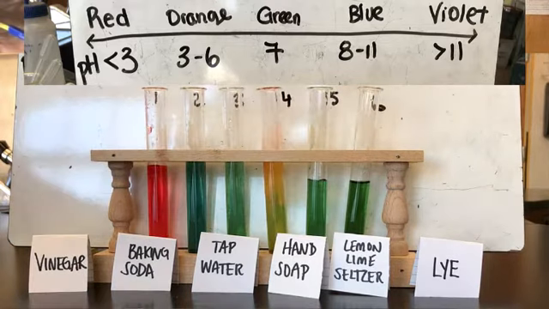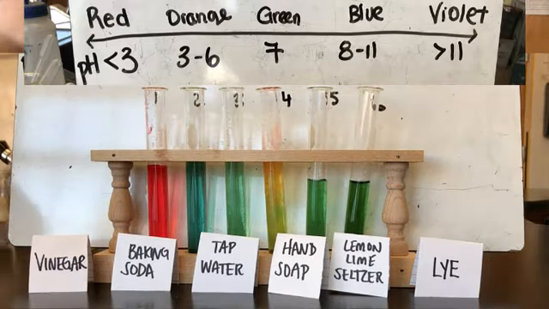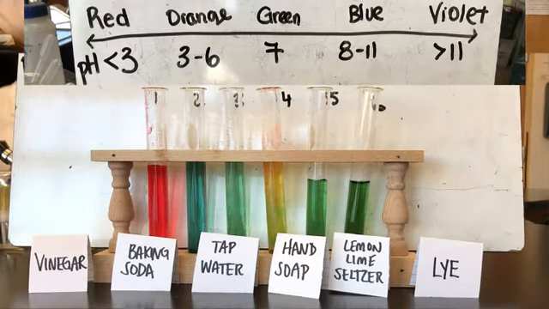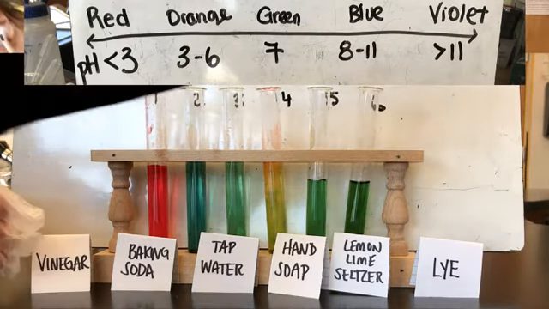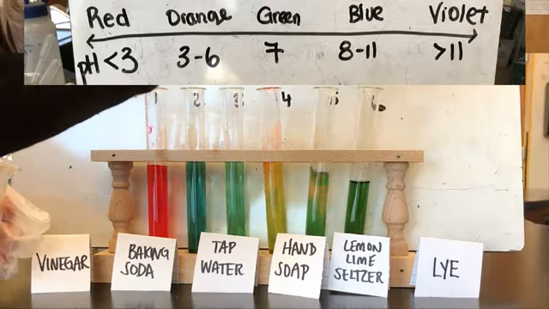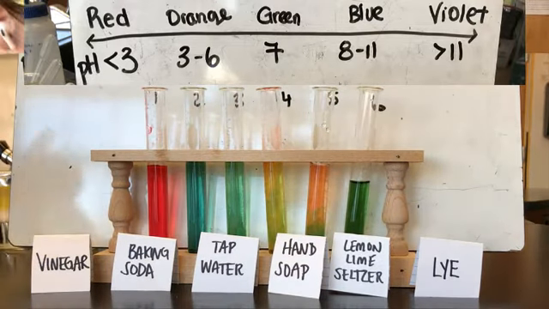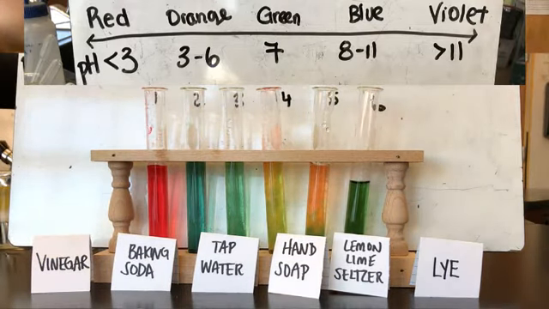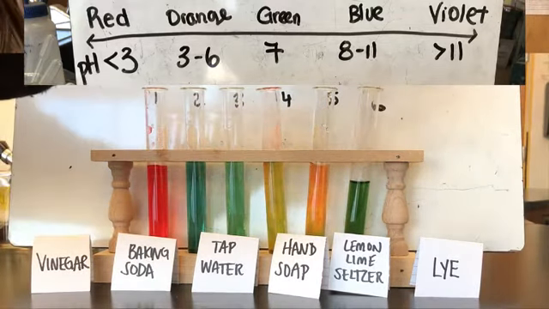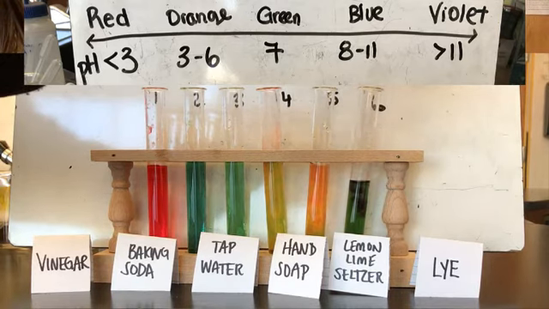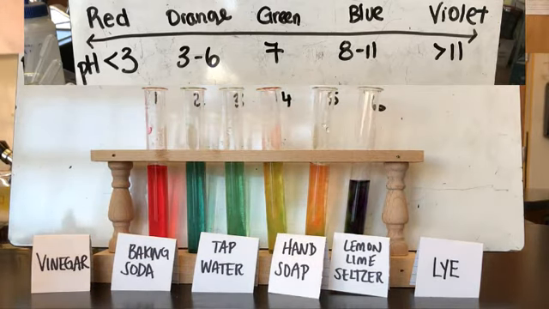I'll let it mix itself a little bit more. Do lemon lime seltzer, a favorite flavor of mine. I like seltzer as a soda to use because it is clear. And finally, we will look at our example with lye, which is often used as a drain cleaner. It's a very dangerous substance, which is one of the reasons why I am using so much safety here.